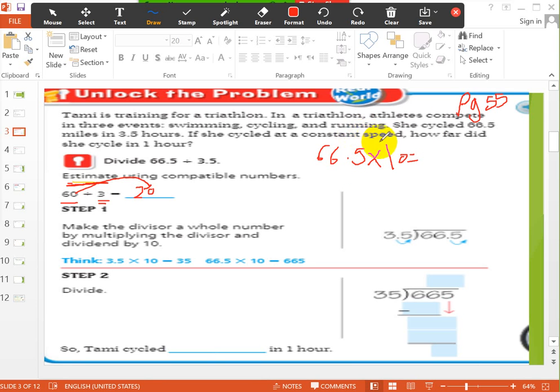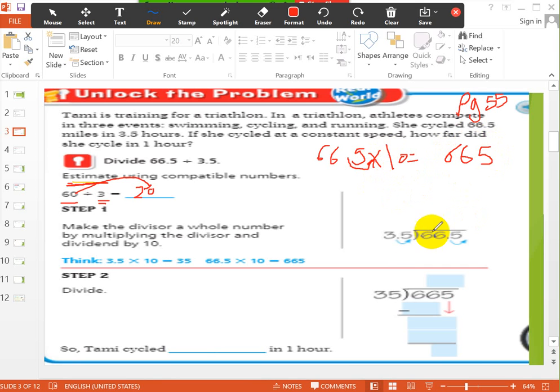The number of digits moved equals the number of zeros. So here I have 1 zero, so I will move this decimal point 1 digit. Where will it be? I will move it right here, so the number will be 665 if you multiply it by 10.